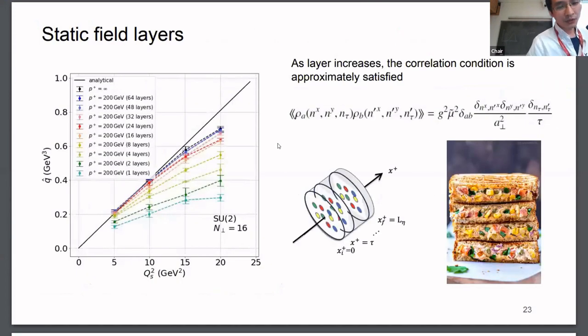It's also very important to note that from the MV model we have this correlation to obey. So what we do is cut our slab into many different layers, and by increasing the number of layers, we can see that the correlation condition is approximately satisfied, and we're able to reach the curve that I showed you.